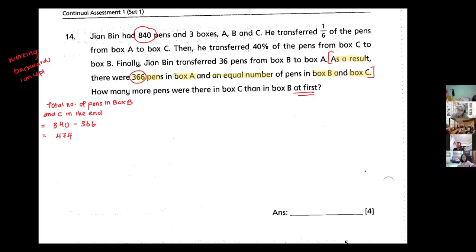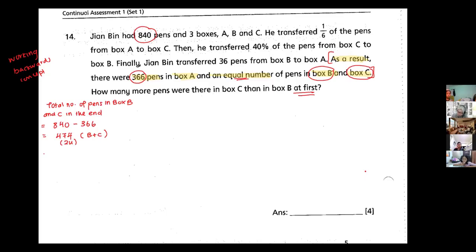And this is what we have in B plus C. You know that from the sentence highlighted in yellow: we have an equal number of pens in box B and box C. They are equal, which means this 474 is 2 units.